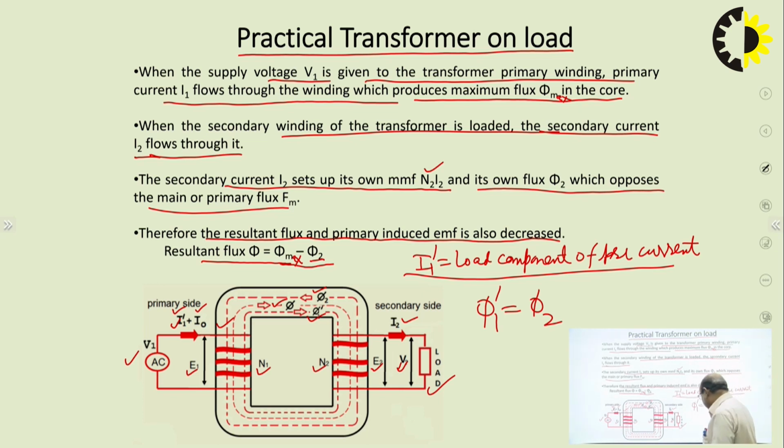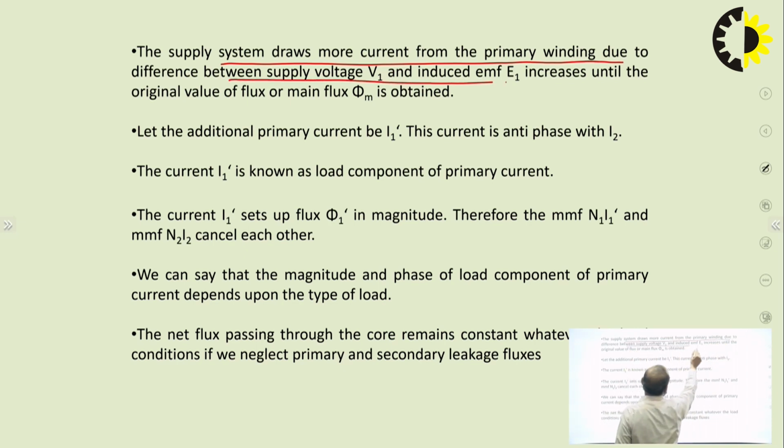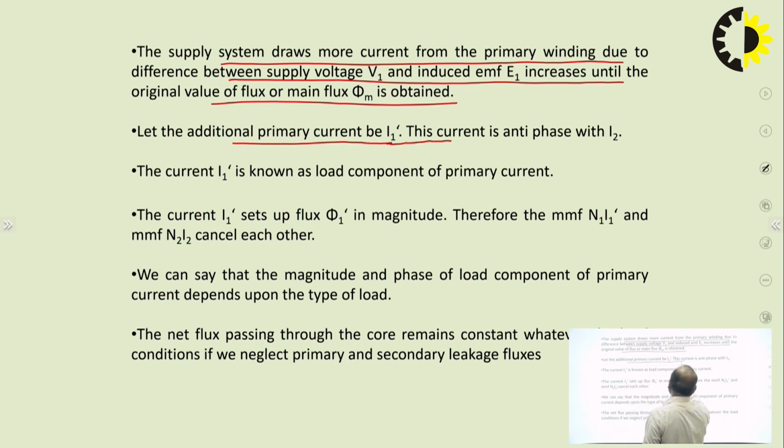So if we see it further, the supply system draws more current from the primary winding due to the difference between supply voltage and induced EMF, and it increases until the original value of flux is obtained. Suppose the additional primary current is I1 dash, the load component of primary current, which we already discussed in the previous slide. Now this current I1 dash is in antiphase with I2, so that it can neutralize the effect of I2 flux.